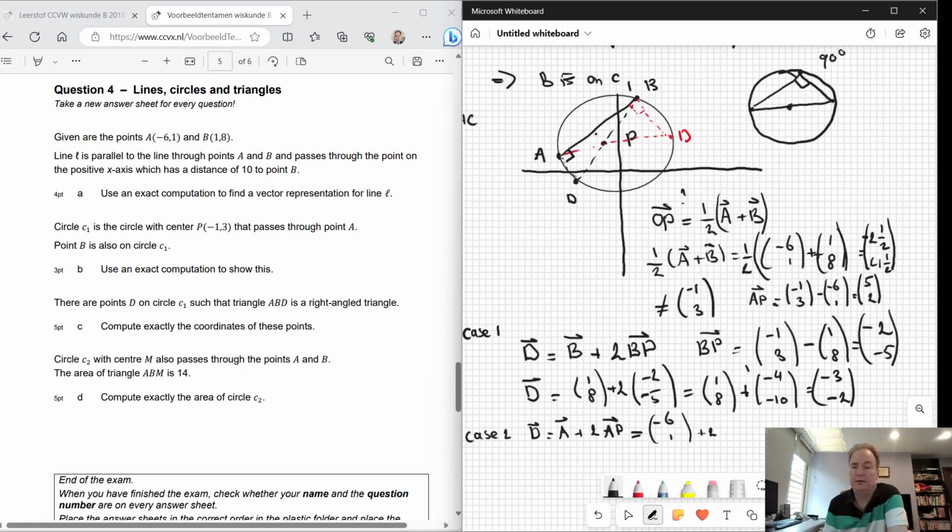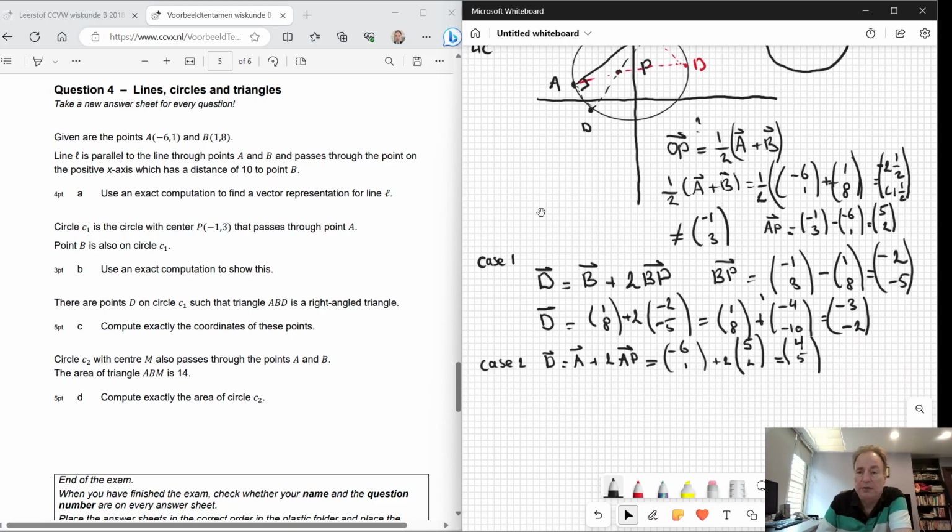Let me see if that makes sense. From A to P, you go 5 to the right and 2 up. So you get in 2 times that factor, you get in D here. So that is minus 6 plus 10 is 4, and then here we end up in 5.